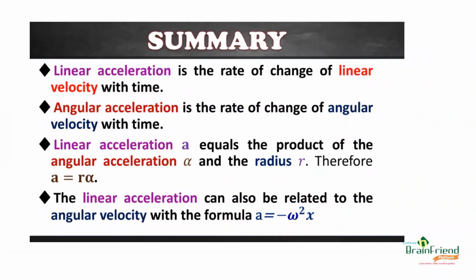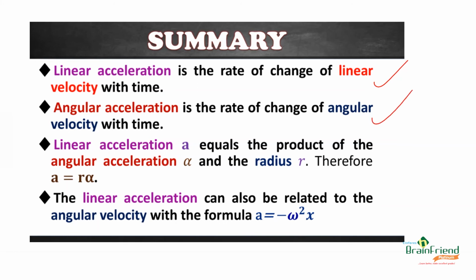Having solved that example, we've come to the end of this class. But before we go, let's take a quick recap of all we've learned so far. First, we learned that linear acceleration is the rate of change of linear velocity with time. Next, we learned that angular acceleration is the rate of change of angular velocity with time.